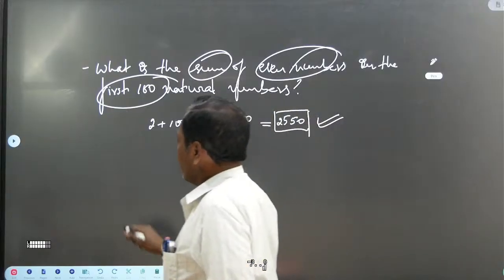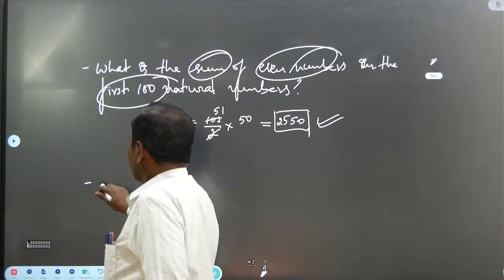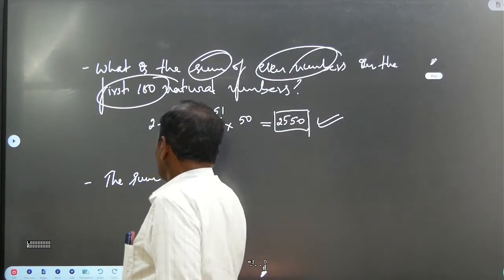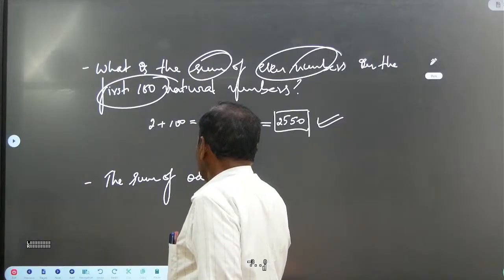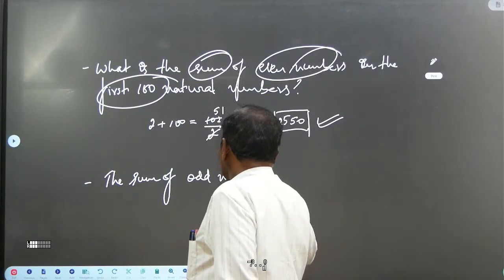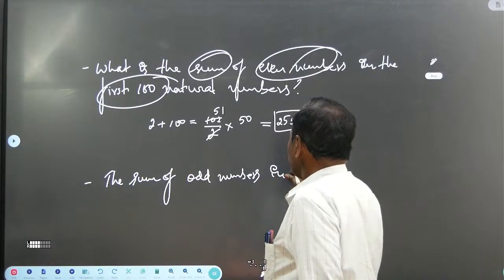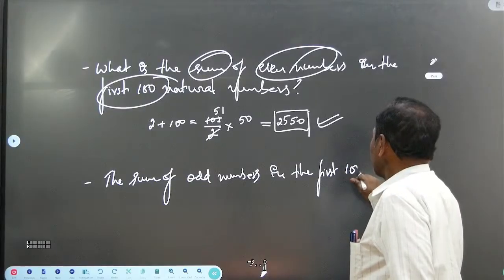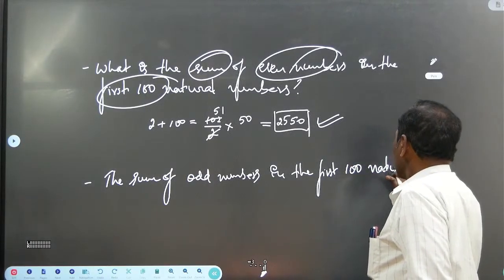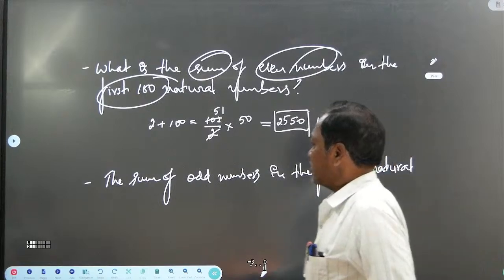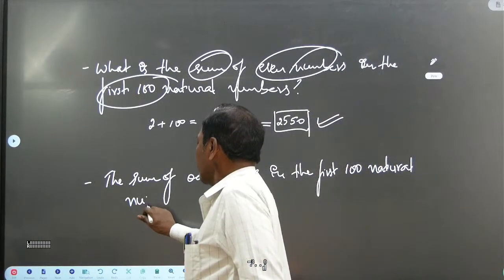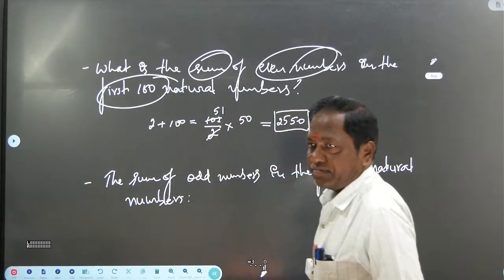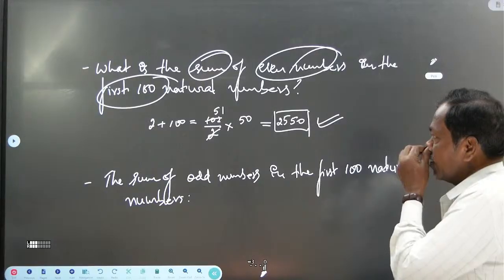And now you can see the sum of odd numbers in the first 100 natural numbers.